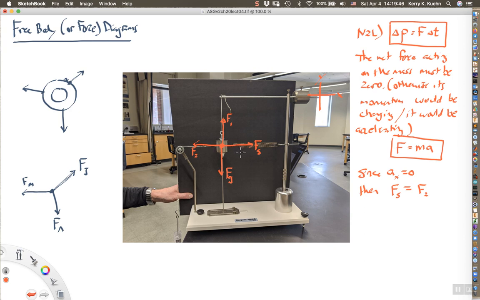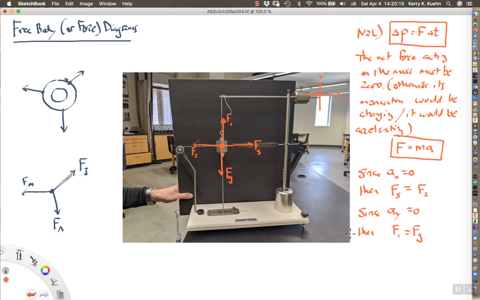So we're using Newton's second law to deduce that the spring force must be equal to the string force, force 2. Likewise, in the vertical direction, since the acceleration in the y direction is 0, force 1, the force with which this string is pulling up on it, must exactly balance the force of gravity.